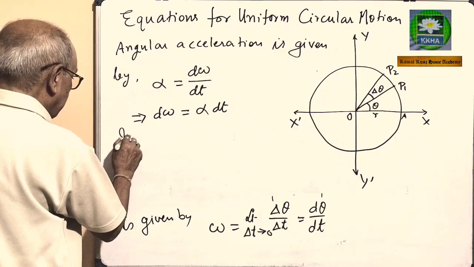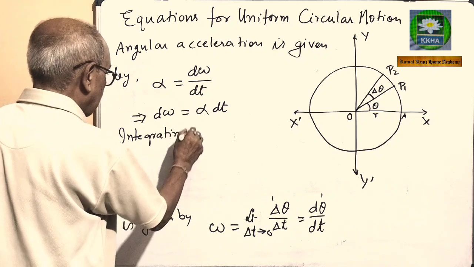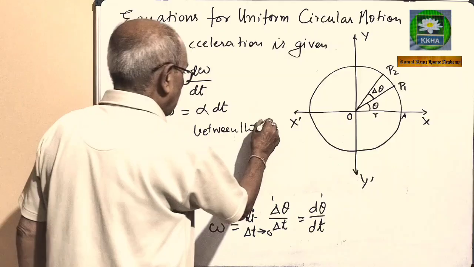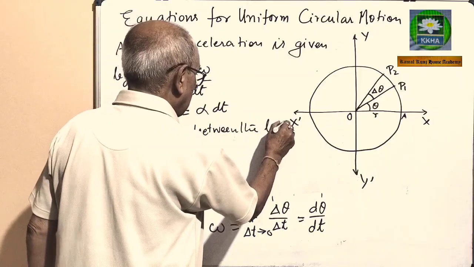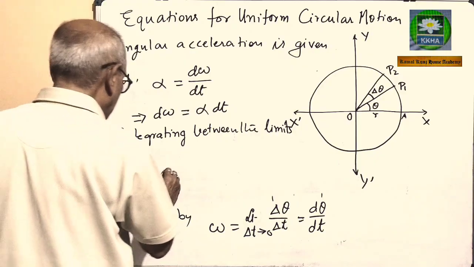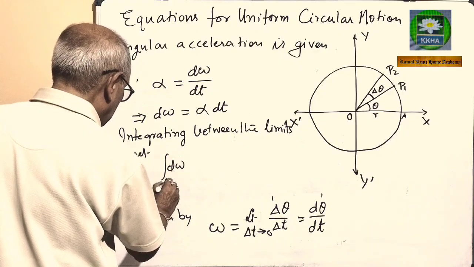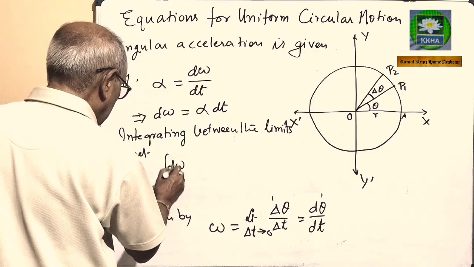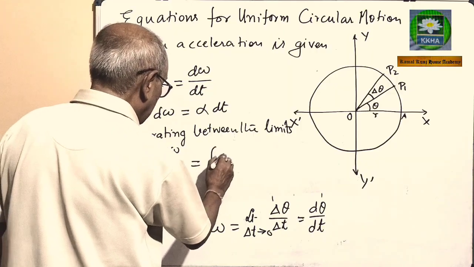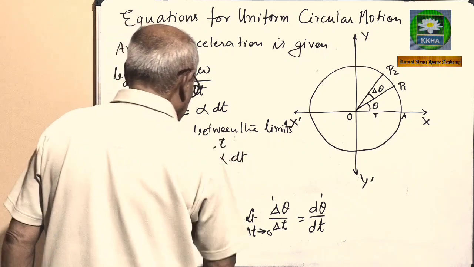Now integrating between the limits, we get the integral of d omega from omega naught, the initial angular velocity, to omega, equal to the integral of alpha dt from 0 to time t.